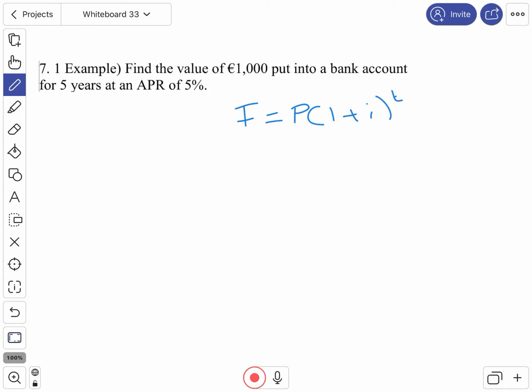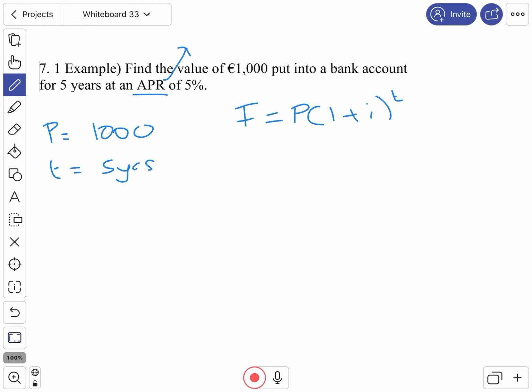P is the present value, the money that I'm going to put into the account. I is the interest, and T is the time. The €1,000 was what was put in, so that's my P value. My time is 5 years, and that's in years, so that's fine.